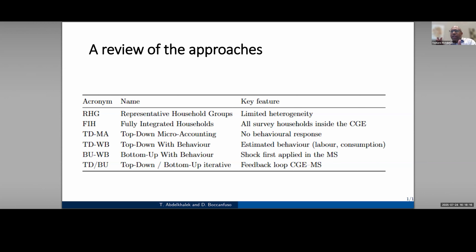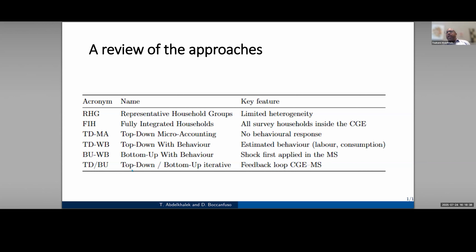The shock is first applied in a microsimulation block, and we are looking at the bottom model to see the relation between the two, from the bottom up, and go to the CGE one on the macro and sectoral.